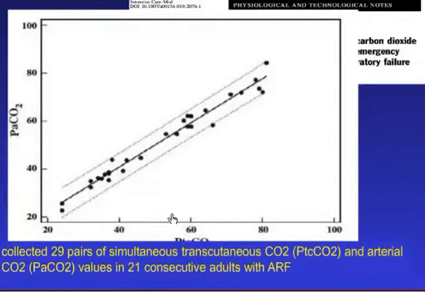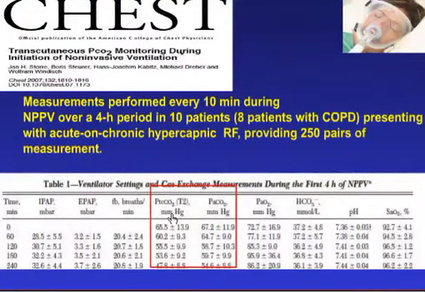But if you refer specifically to conditions where non-invasive ventilation was applied and where there was a systematic measurement of PaCO2 and PtcCO2, you can see that there is apparently a good correspondence of the values between these 2 kinds of measurements.